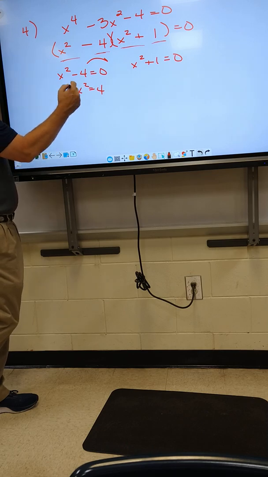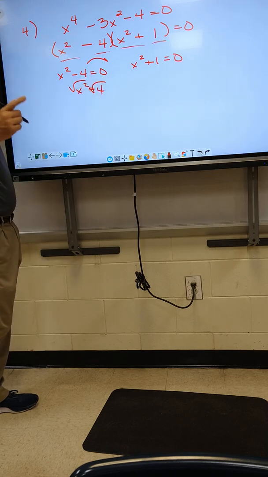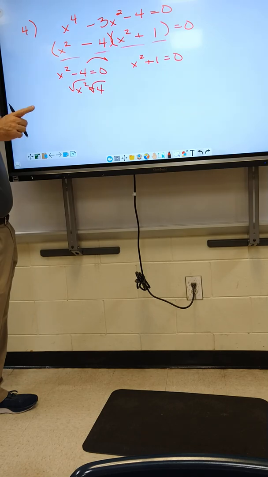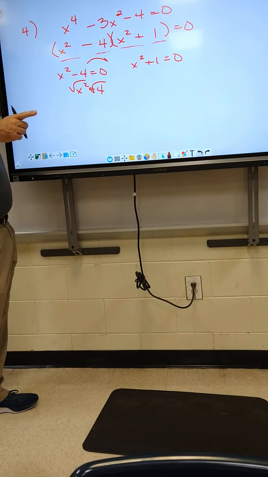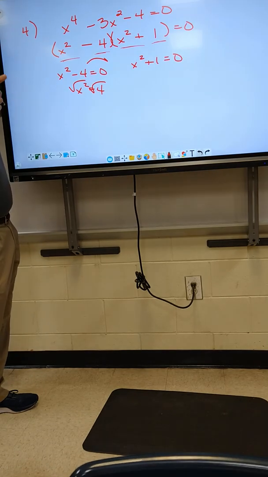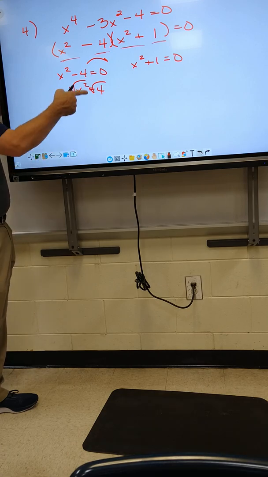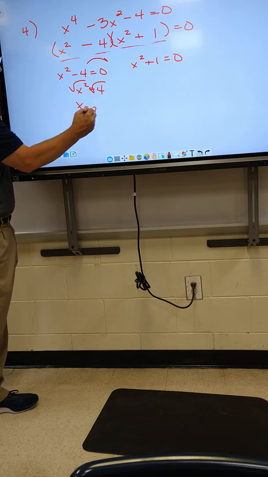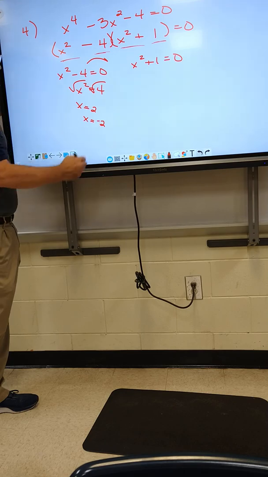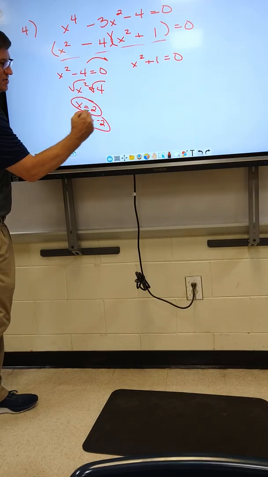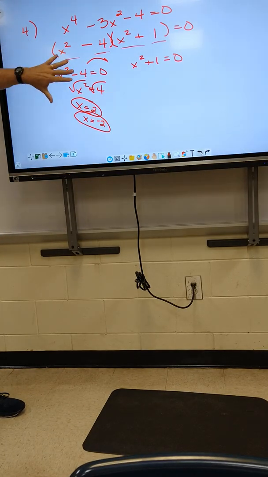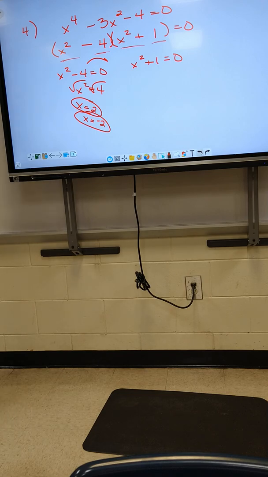So look, when you take your square root, what's the square root of 4? It is 2. Don't forget what? Plus or minus. Remember, we forgot that a lot on the first test. If you take the square root of something, guys, it's plus and minus. So it's +2 and -2. You get 2 answers from that side. And we'll get 2 answers from the other side too.